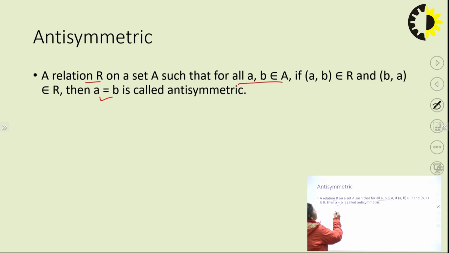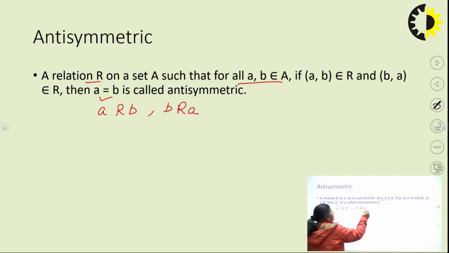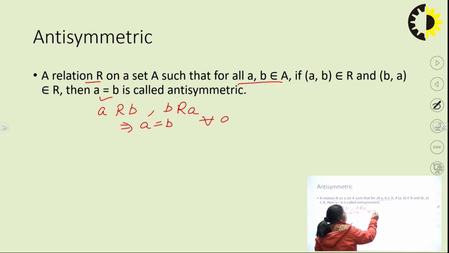What does it mean? It means that the both-sided condition exists only in one case. What is the both-sided condition? A is related to B and B is related to A. In that case, A is always equal to B, for all A, B belonging to A.